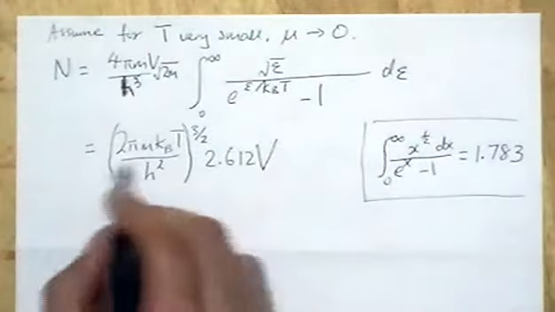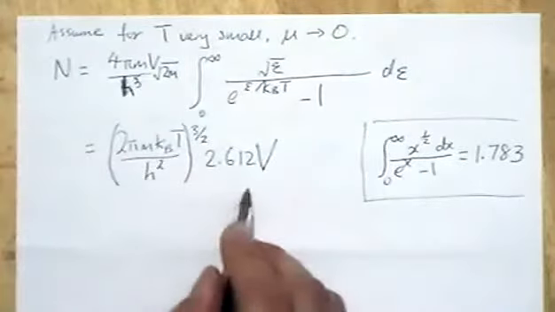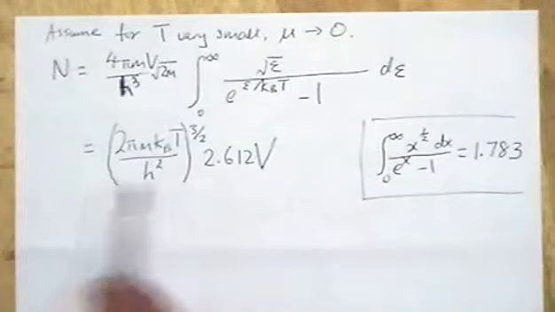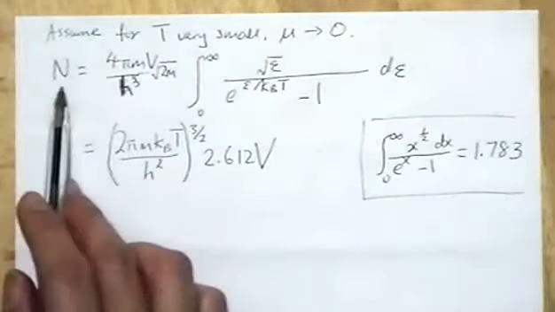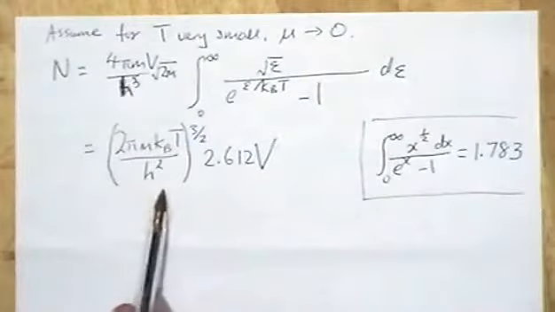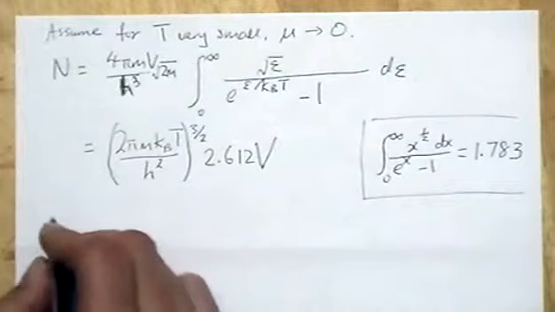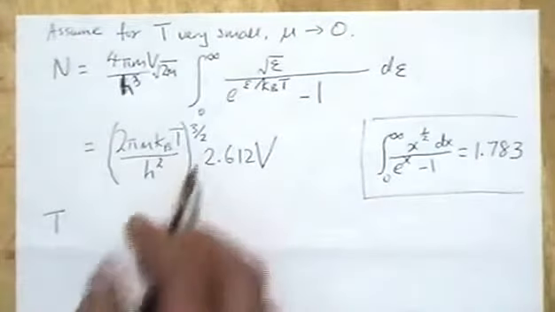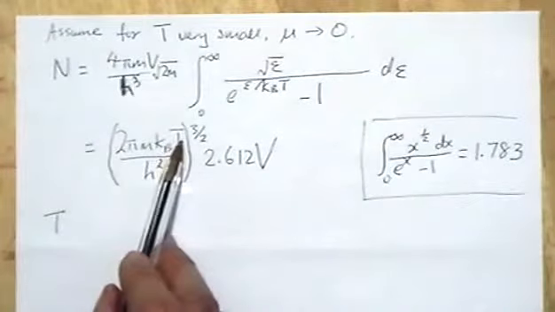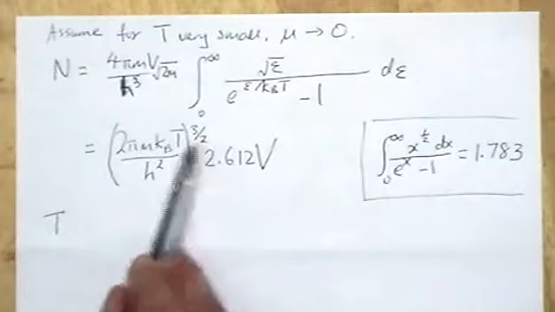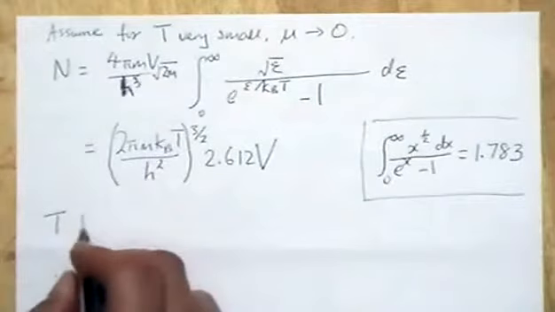Now let's start by thinking about this expression here, which is supposed to be equal to n. What happens to it when temperature decreases? According to this expression, since we have T to the power of 3 halves, n must decrease.